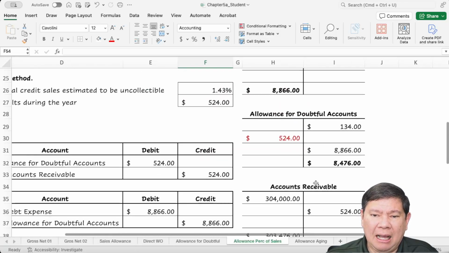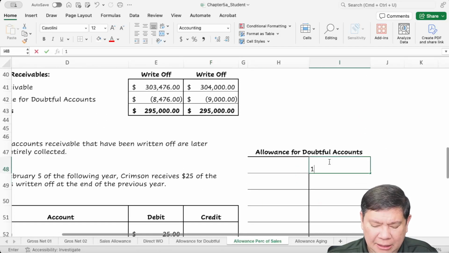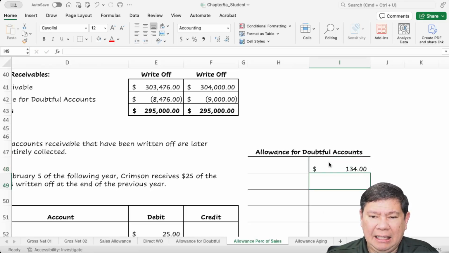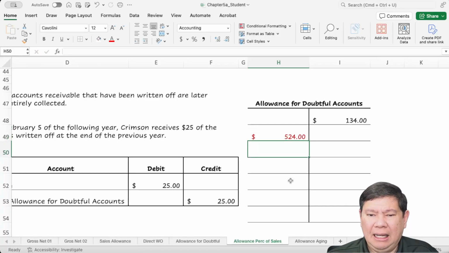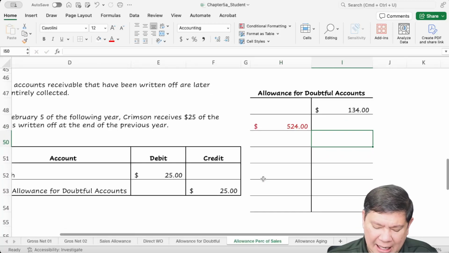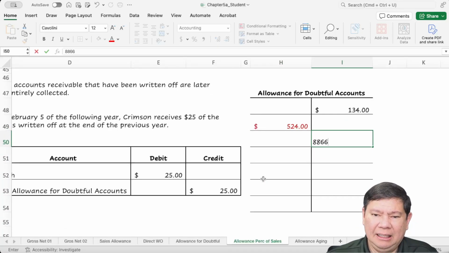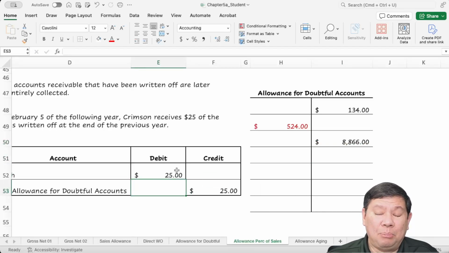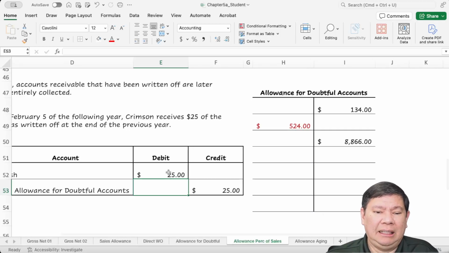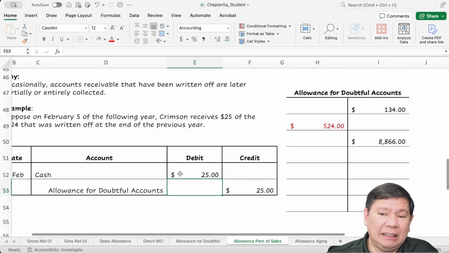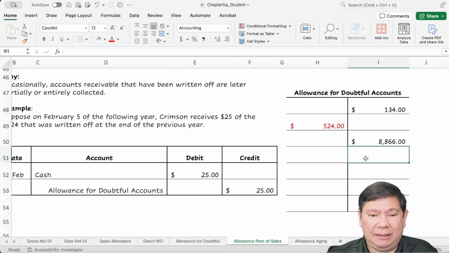So if our allowance was originally $134, and then we wrote off $524, and then we created $8,866, now a portion of the receivables that we have canceled is paid. So we add back the allowance for $25.